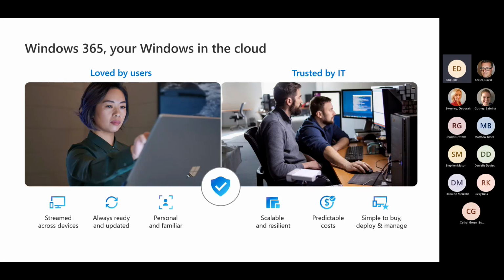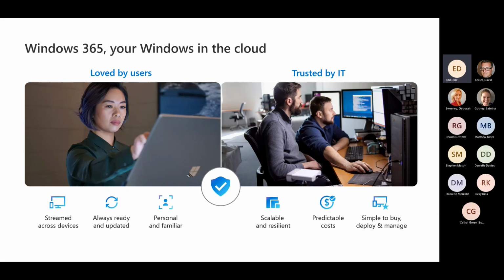So if you were to start something on one device, you're starting a presentation or a document, whatever that might be, and then you've got to go out and you take your iPad with you, you can just pick up from where you left off on that other device. So again, just think of that flexibility, especially for a mobile workforce.